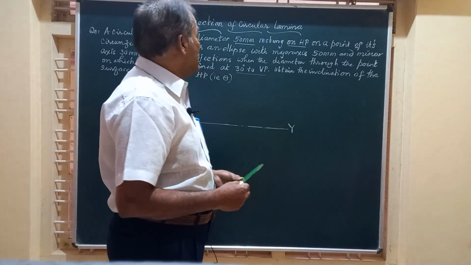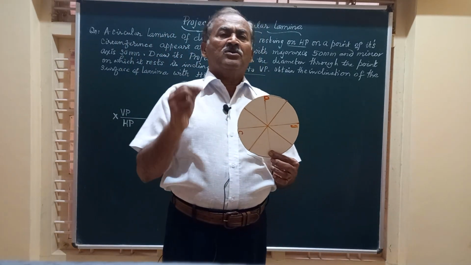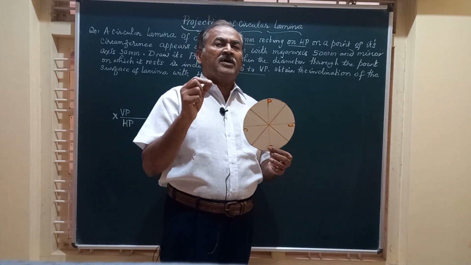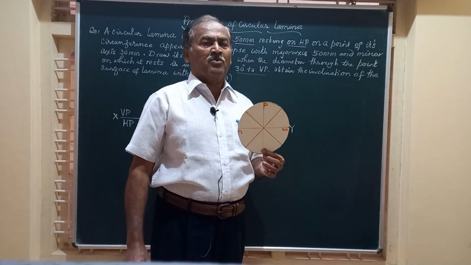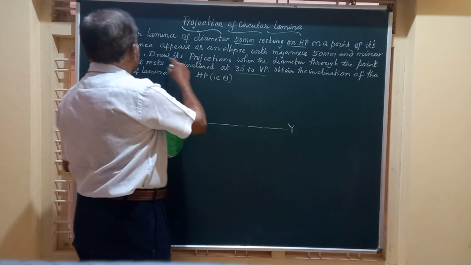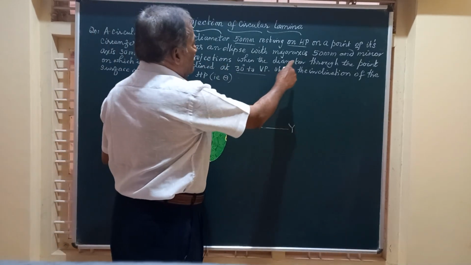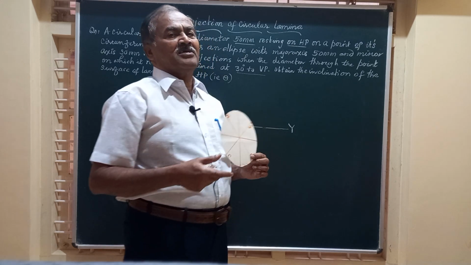Friends, after knowing the type of lamina, you will have to find out where the lamina is resting. That is very important. That is the second part of the analysis. He says it is resting on a point of its circumference on HP.